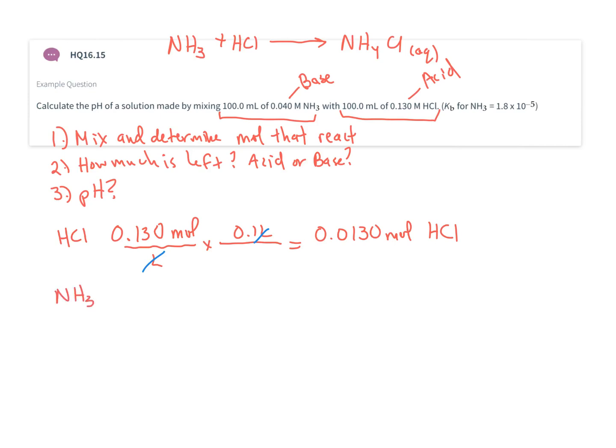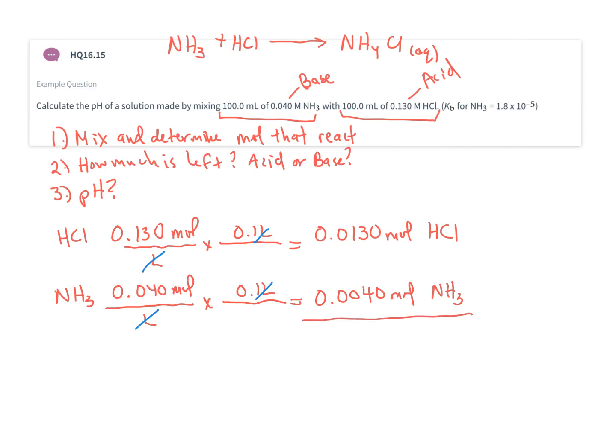For ammonia, I have 0.04 moles per liter. And I also have 100 milliliters, so 0.1 liter of that solution as well. Again, liters cancel out, leaving me with 0.004 moles of ammonia.